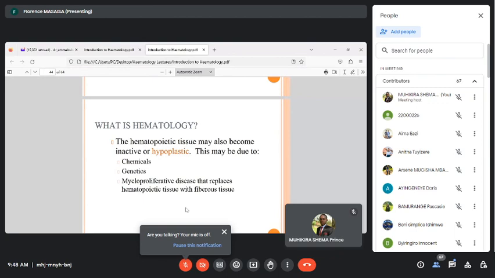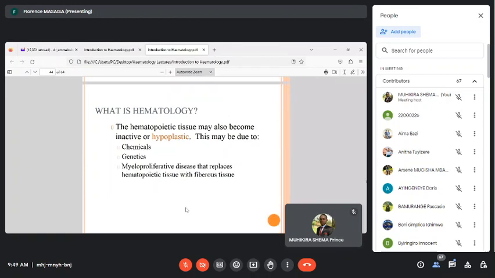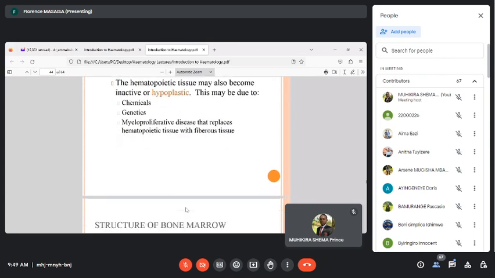That may make the bone marrow become fibrotic. When the bone marrow is fibrotic, it will no longer play the same role. In that condition, the active marrow, which is the red marrow, is no longer producing normally. So the bone marrow will be hypoplastic, with decreased cell production.